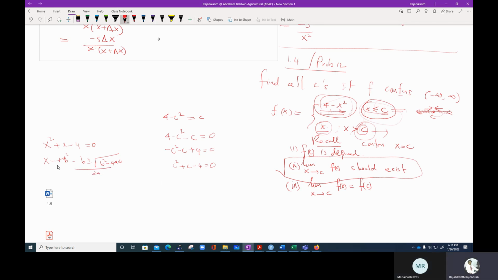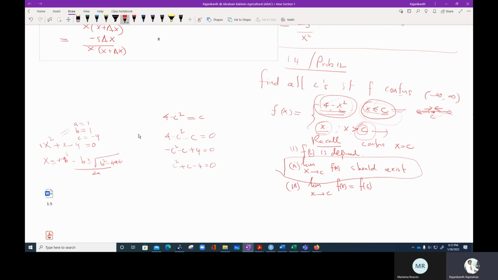This is the formula now we are going to use, okay? You know, a, b, c are the coefficients of the quadratic function. So in this function, a is the coefficient of x squared, which is 1. b is the coefficient of x, which is also 1. And c is nothing but the negative 4.